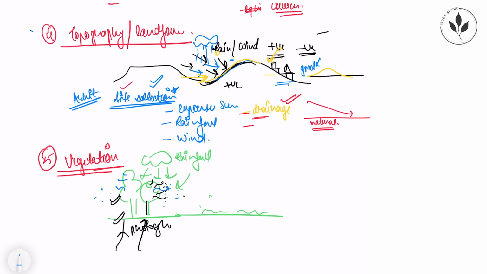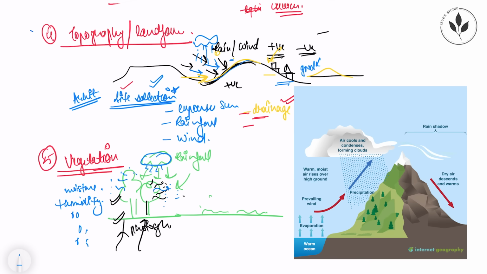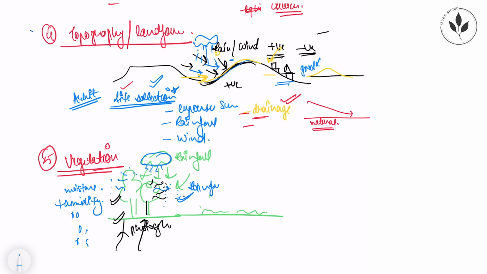If the water is evaporated, then that means the air around the whole forest will be full of moisture, or humidity. As soon as the temperature drops a little bit, this water vapor will change into droplets, and hence rain will happen. So that's why vegetation helps a lot in determining your climate.